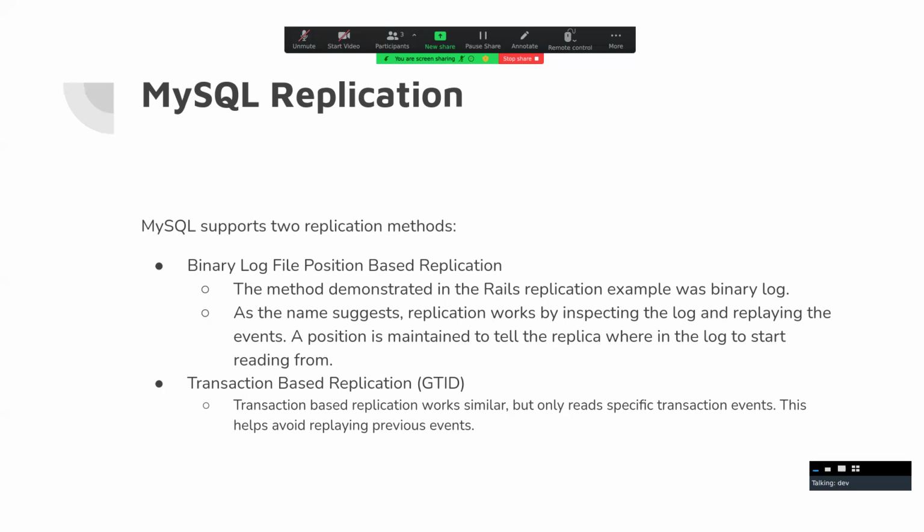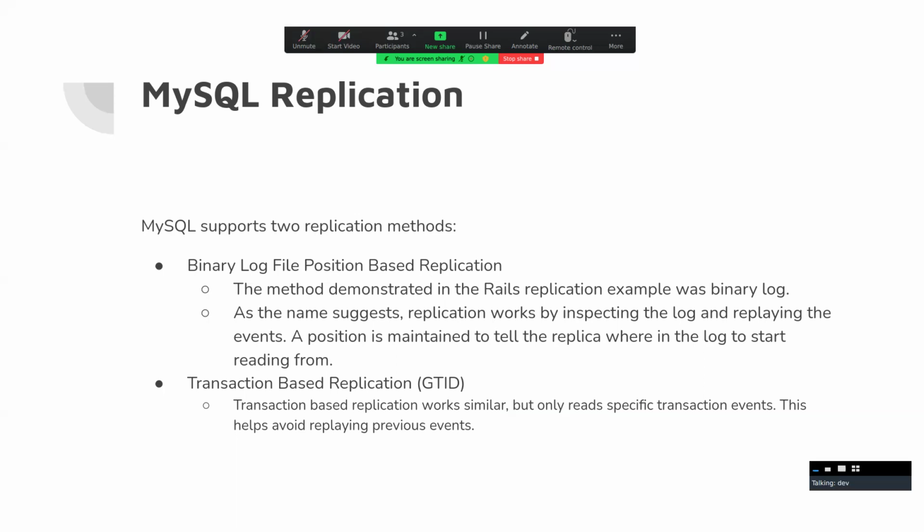I forget what GTID now stands for. I wrote it there. But you can, I guess, scope what log entries are read. So if you only want to get data, you can get just data and not schema changes and not other changes. But effectively, what we're saying is we have a log file and we're basically ingesting that log into our read database.